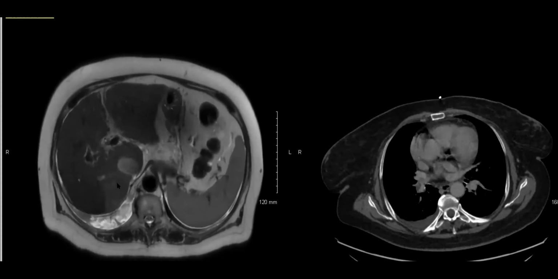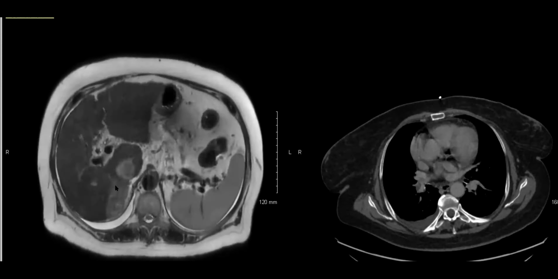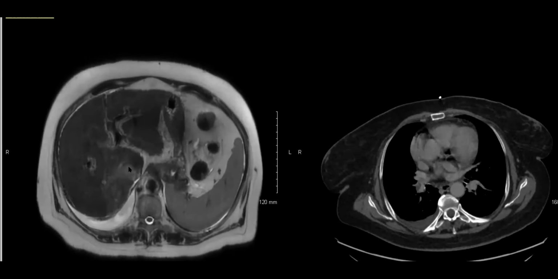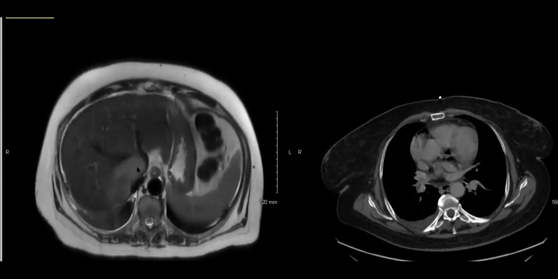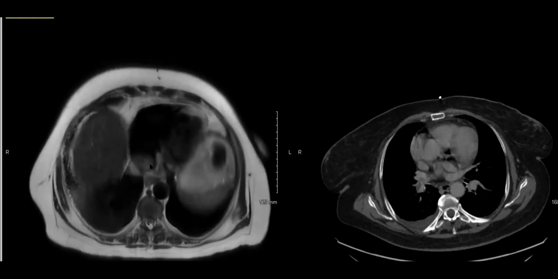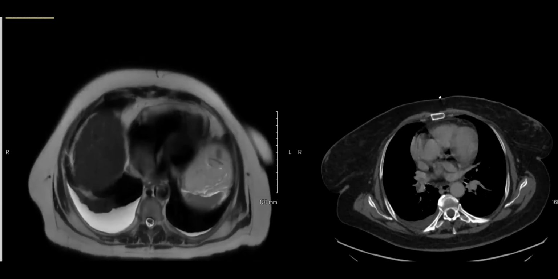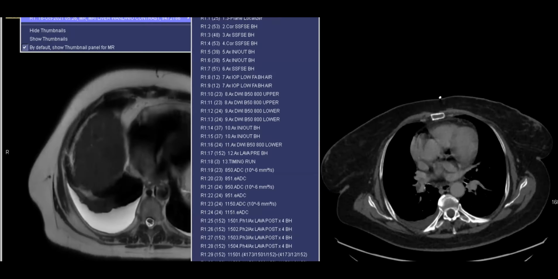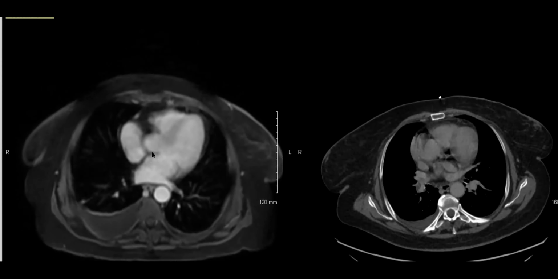Posteriorly she has something in her liver, and this abnormal signal extends superiorly up through the hepatic vein, and then you have something in the heart. So with this, we're going to start thinking about tumor in vein.